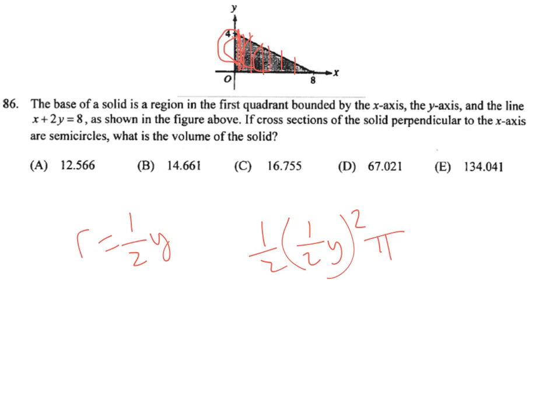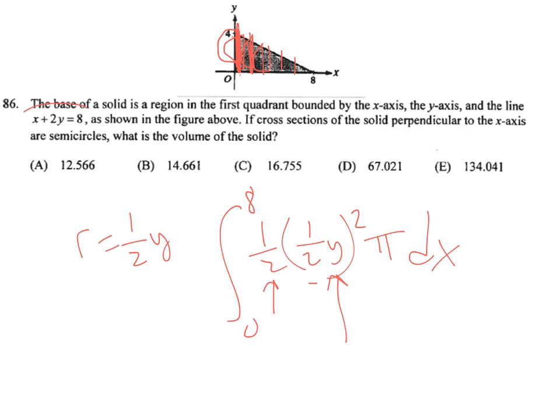So this half here is because that total height is y, and we want half of that. But then we want a semicircle, so we need that 1/2. So this is the area, and then how thick is each slice? Well, it's a little dx thickness, and then we want to sum that up from 0 to 8. Now, the problem now is that we have to integrate with respect to x, so we need to know what y is.